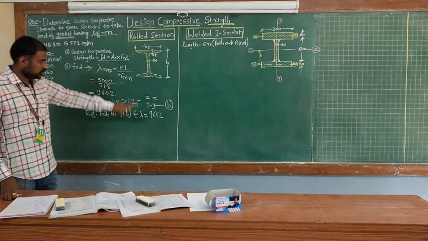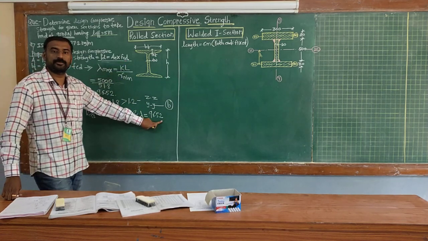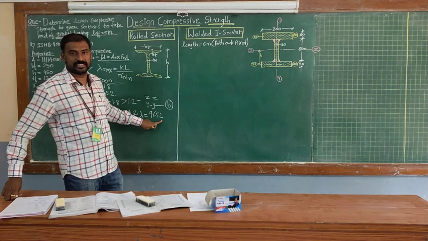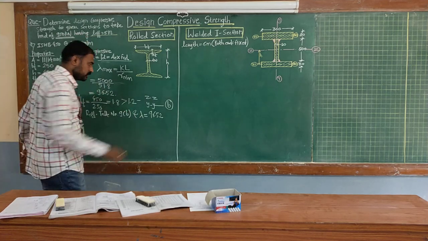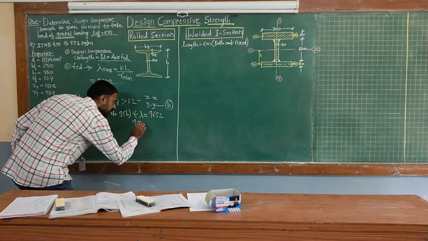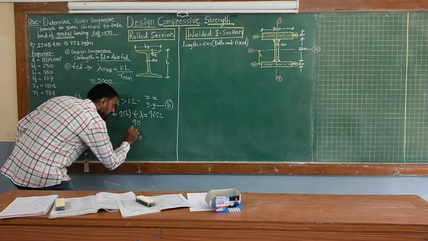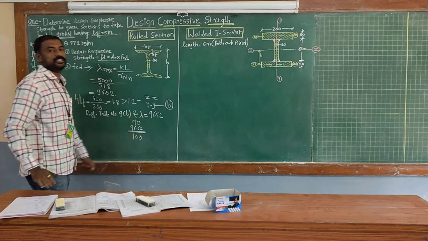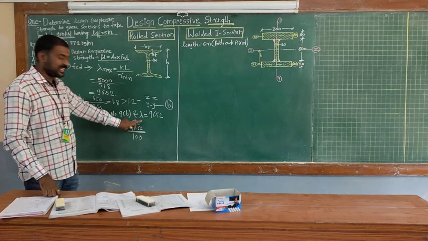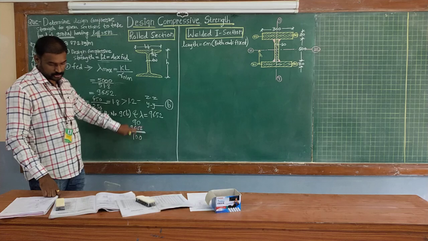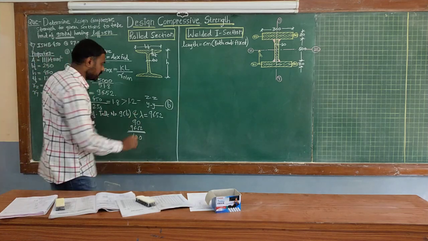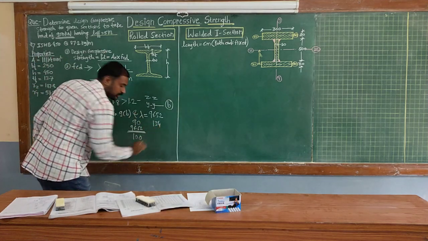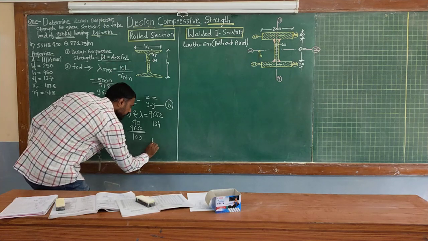Now this 96.52 is ranging between 90 and 100. Correct? So you need to go for interpolation. So initially the first value I will write 90, second value is 100 and our value is 96.52. So you write down the design compressive stress values for 90 and 100. Correct? So for 90 the value is 134 and for 100 it is 118.